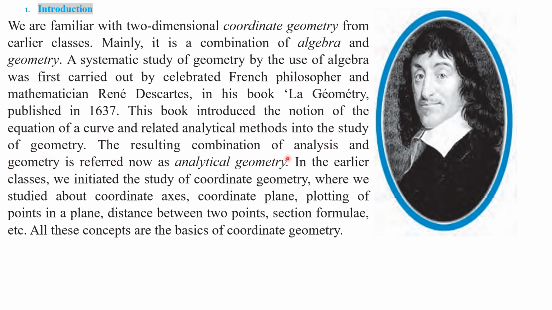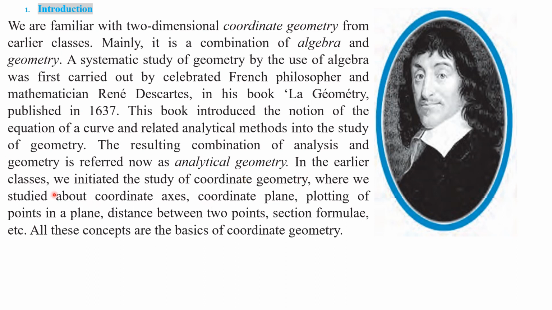The resulting combination of analysis and geometry is now referred to as analytical geometry. So coordinate geometry is now referred to as analytical geometry. Both denote the same.